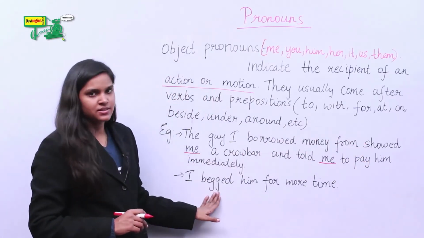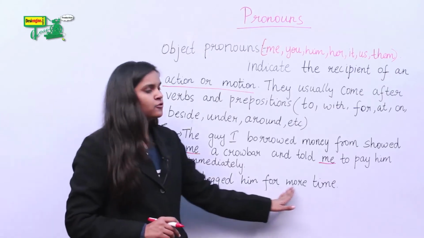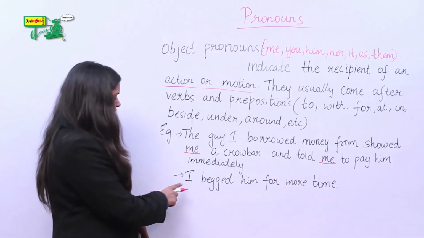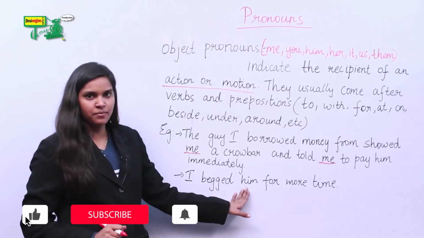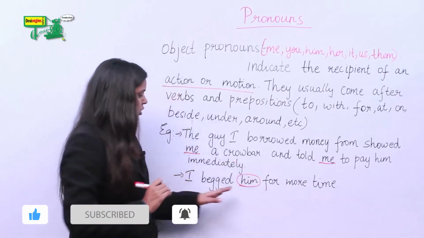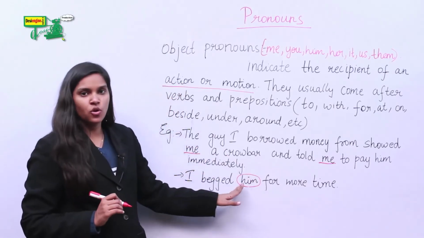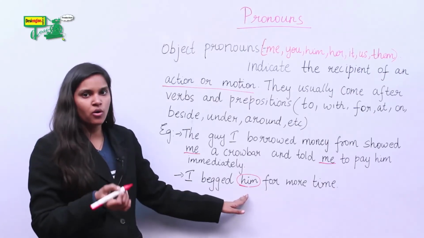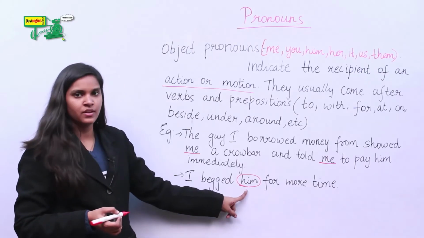Let's do another sentence. I begged him for more time. In this sentence, our subject pronoun is I and him is our object pronoun, because the recipient of the verb, that is, the verb is taking place on him.